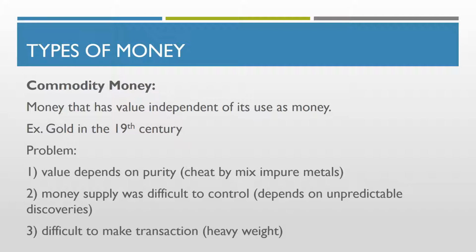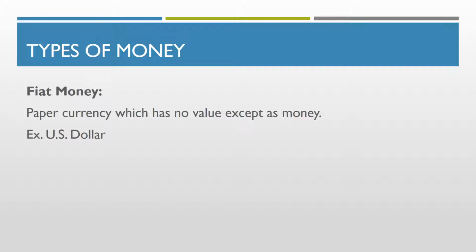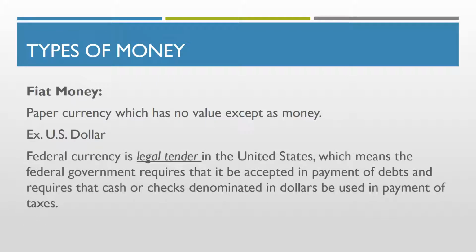To solve these problems, the modern economy depends on what we call fiat money, which is paper currency, including the US dollar, Japanese yen, Chinese renminbi, and all the other kinds of paper currency that we see in the world nowadays. In the United States, the federal currency is also called legal tender.